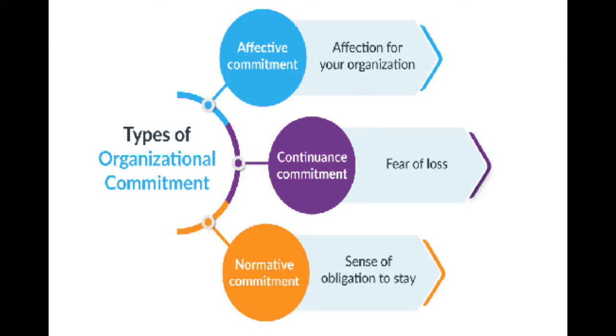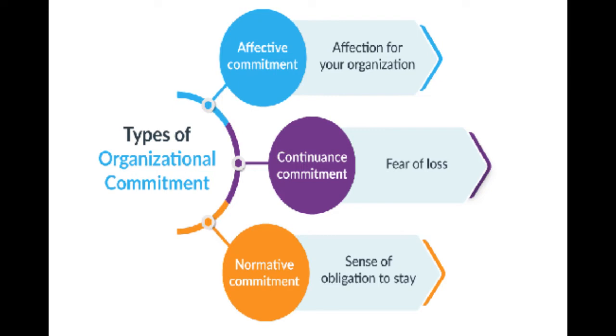So, organizational commitment has three dimensions. We have the affective commitment, normative commitment, and continuance commitment. So these affective, normative, and continuance commitment are called indicators or dimensions of organizational commitment.